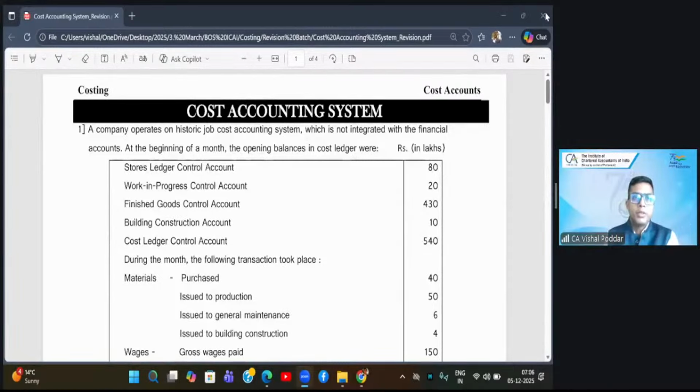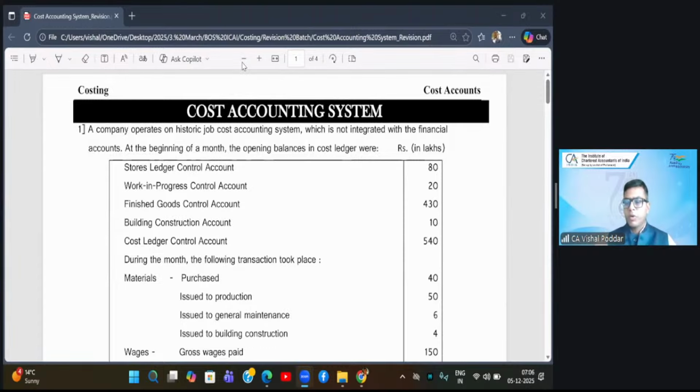However, it is equally important to understand and be expert in how these costs are accounted for in the books which are maintained for the purpose of cost accounting as per the specific provisions provided in the Companies Act, which has made this obligatory for certain companies, plus as per the relevant cost accounting standards.